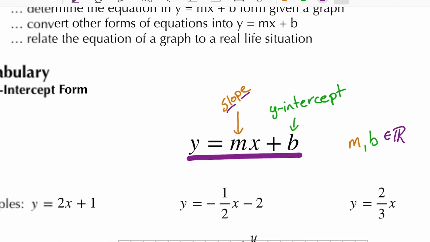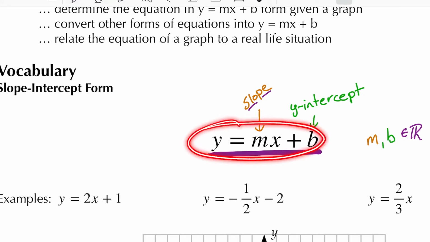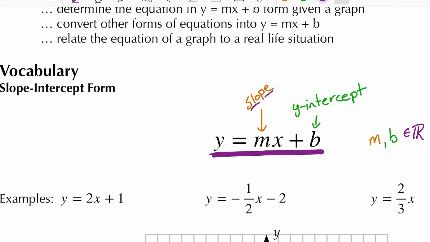All right, so if you ever see this type of an equation right here, you know that this is going to form a linear equation. This is called a degree 1 equation.